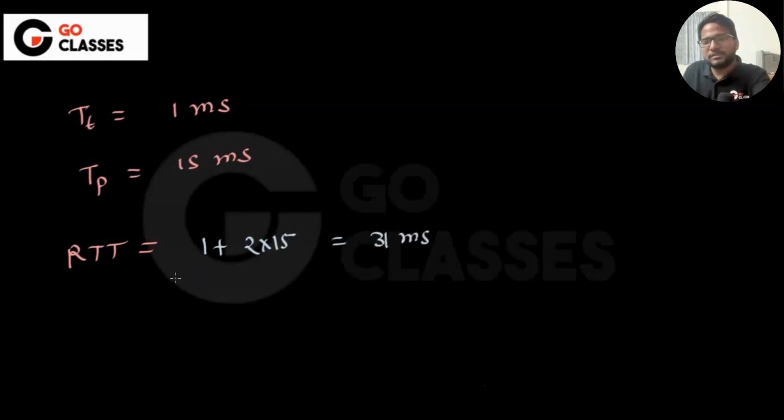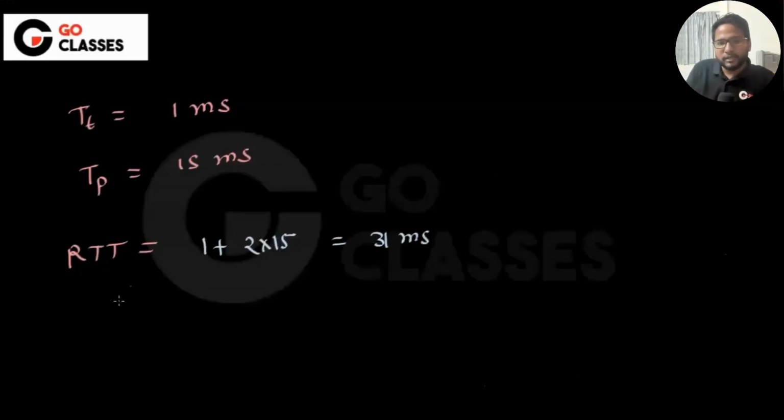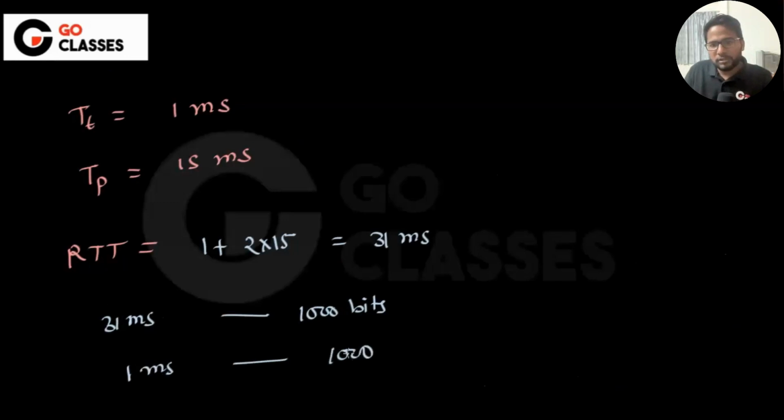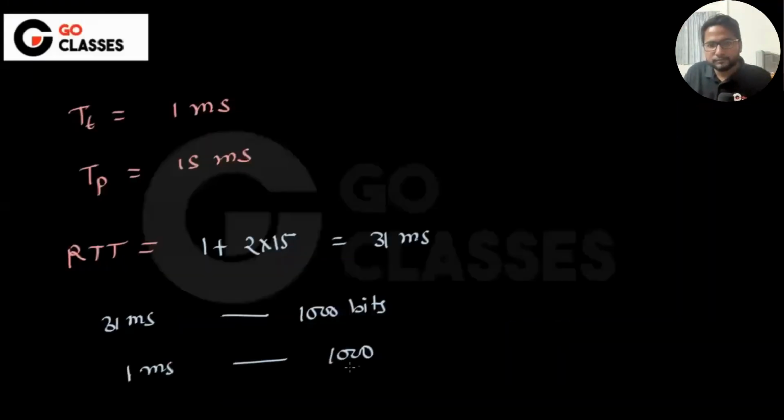In this, how much are you sending? In 31 milliseconds, you are sending 1000 bits, right? So in 1 millisecond, how much are you sending? 1000 upon 31, right?